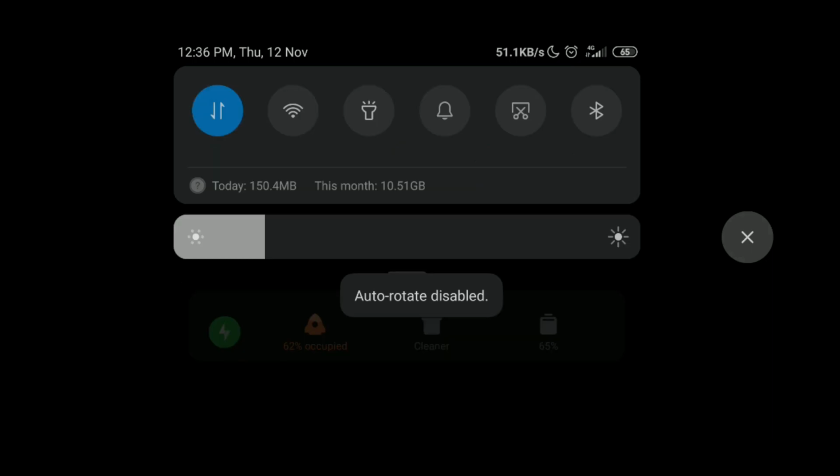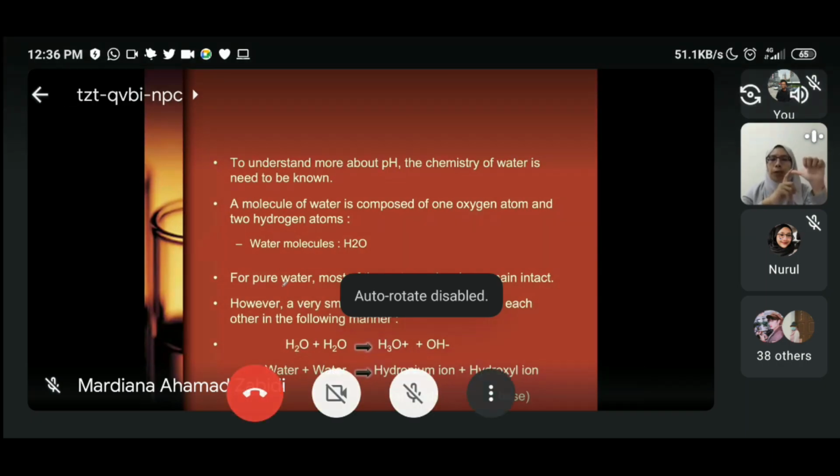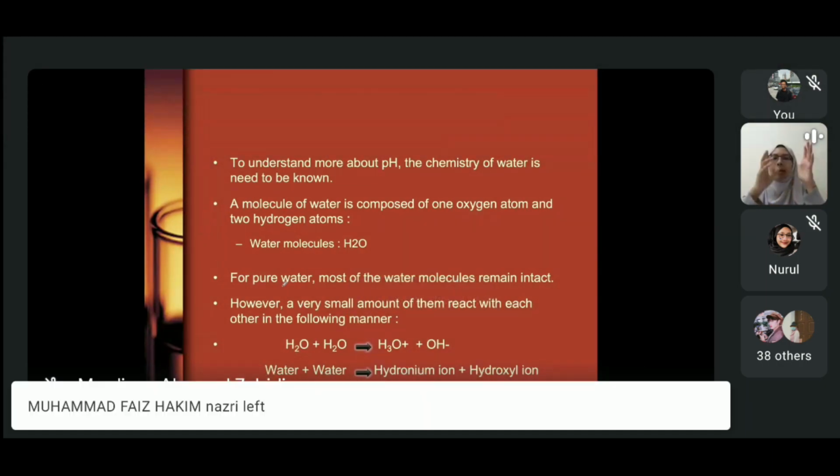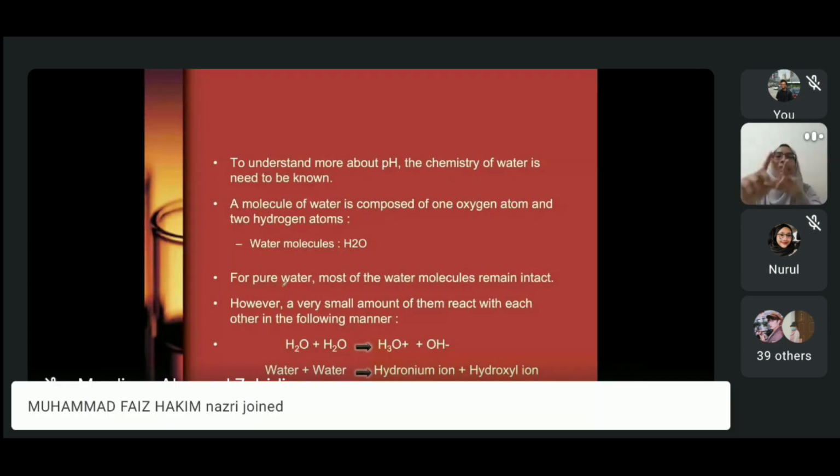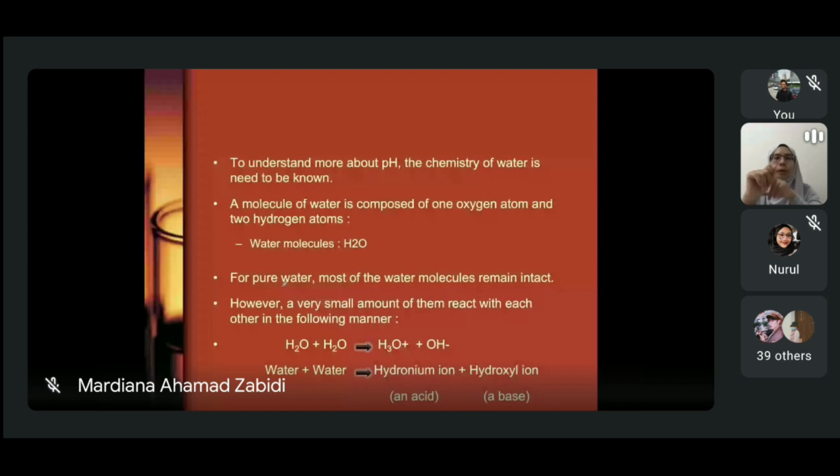Pure water maksudnya the ratio between acid dengan base, maksudnya alkali lah, is in equilibrium. Tapi when we talk about mineral water, dalam mineral water ada mineral, so the name is mineral water. So of course the pH is not similar to pure water.